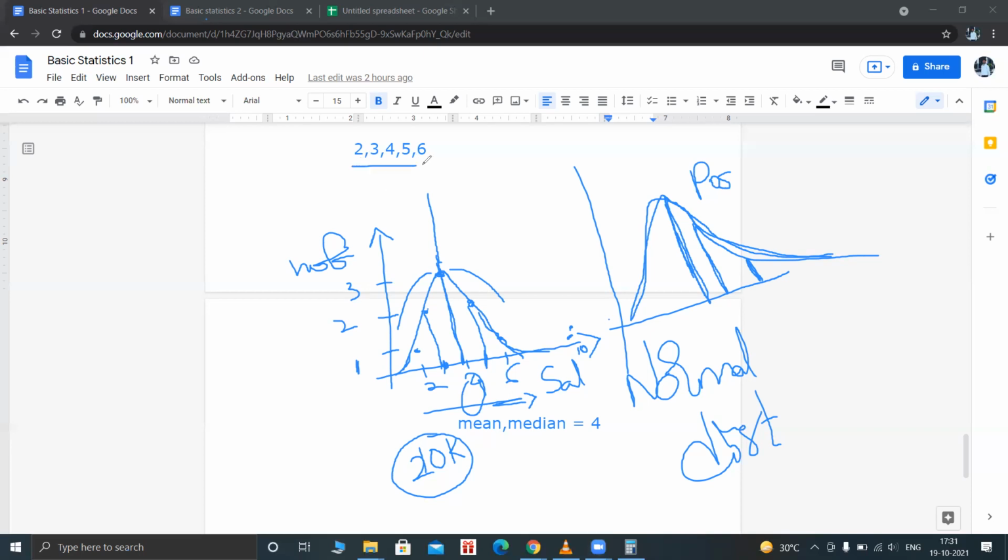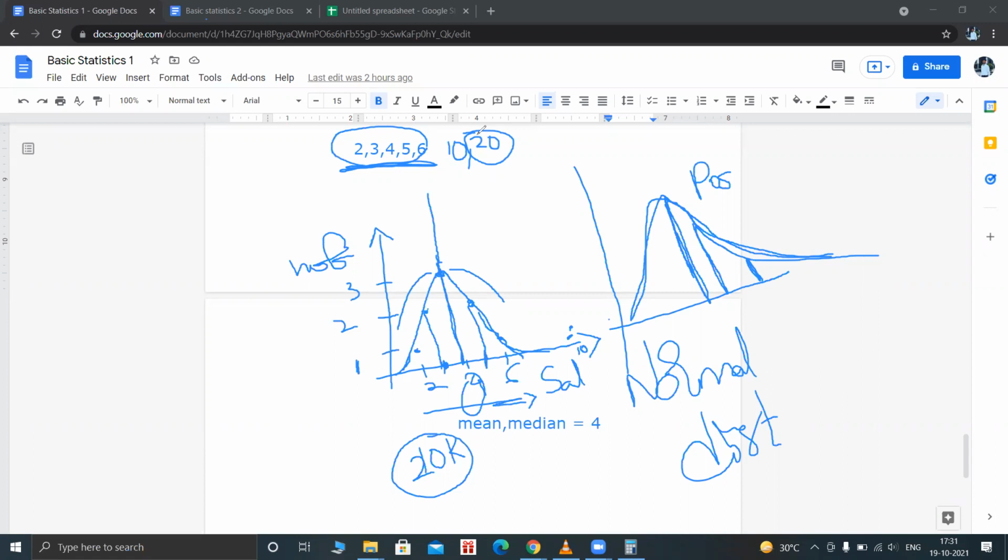You have data points like this, and when you add a huge number, 10 or 20, this small number of higher values dominates this larger section.